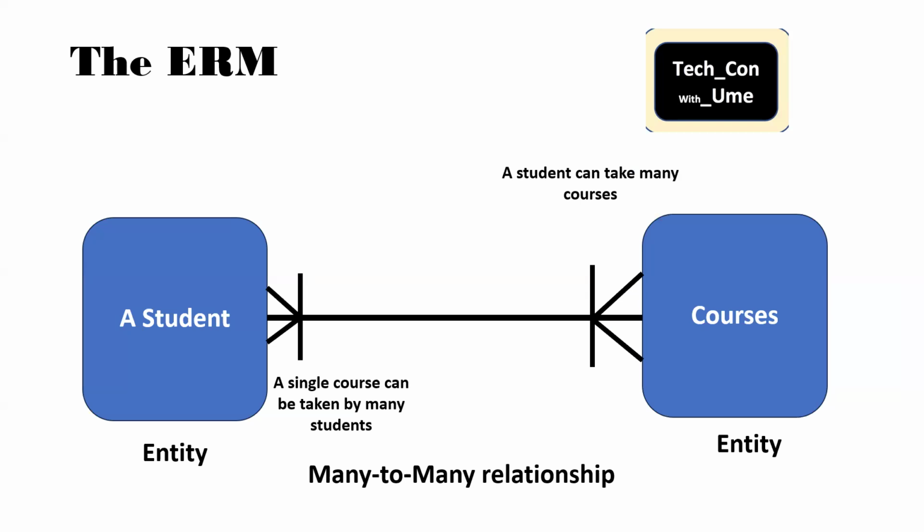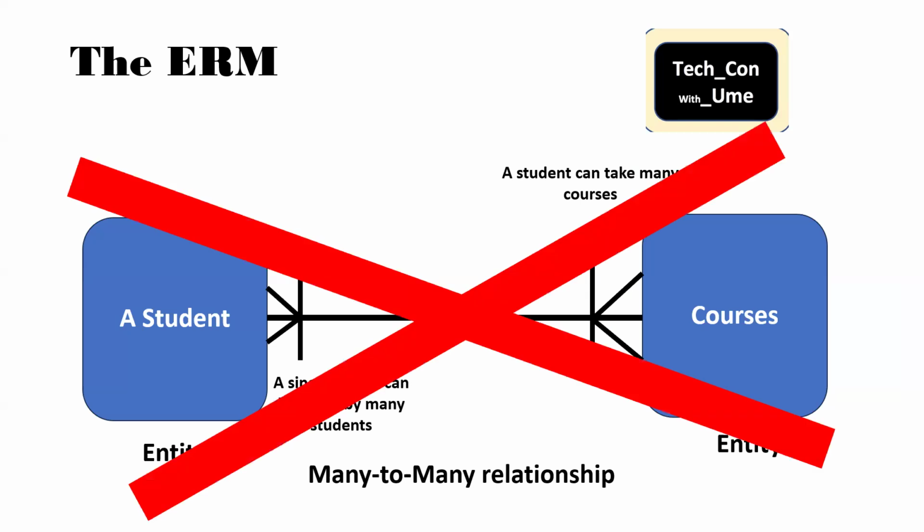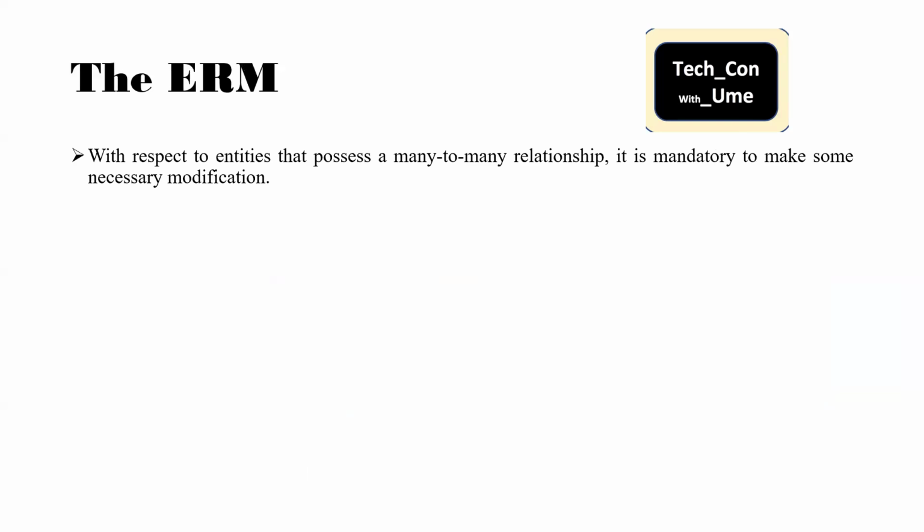It's also important to note that we do not represent our many-to-many relationship in its original form. With respect to entities that possess a many-to-many relationship, it is mandatory to make some necessary modification.